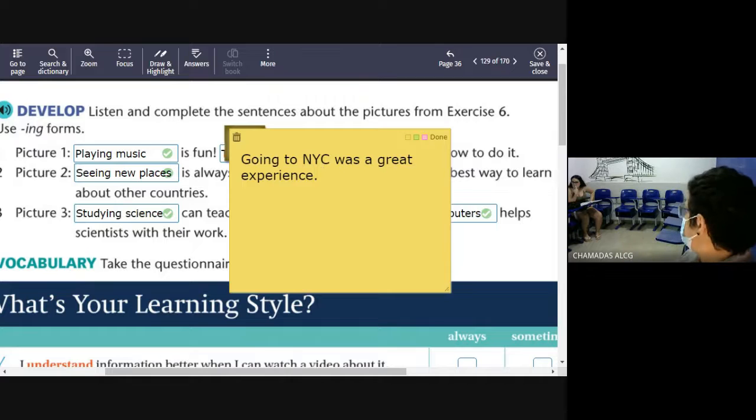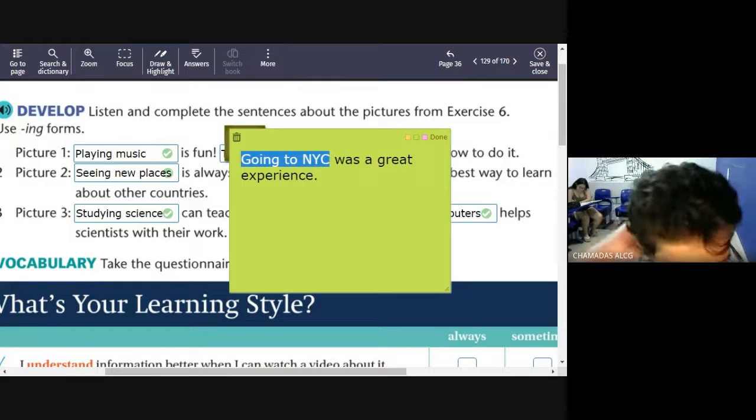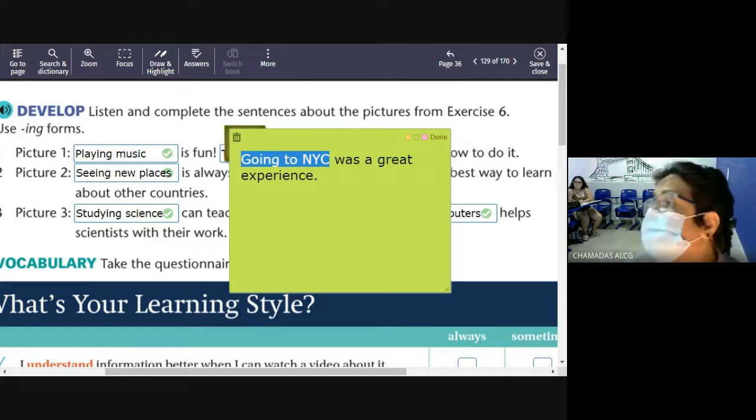It doesn't change. I'm saying that going to New York was a great experience. Look at the subject. This is my subject. Okay, guys, I wanted to highlight only the subject. So let me see if I can underline it somehow. I don't know if I can do it here. I don't think so. Anyway, this is the subject.